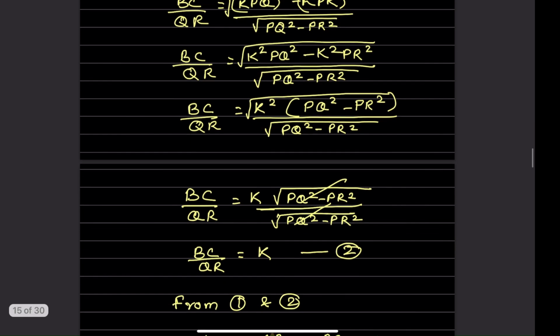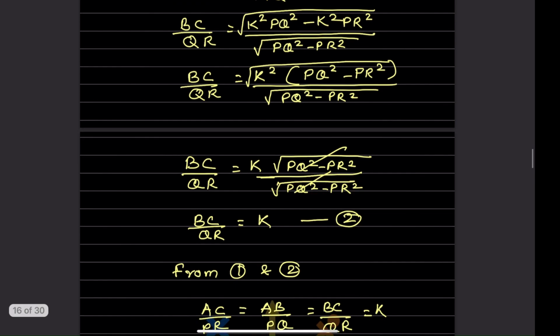So now when you take the root, this also is a square, so the root will go off because there is a square and the root. So that will be just k. This will be outside the root, and this will be in the root. And the denominator is the same.